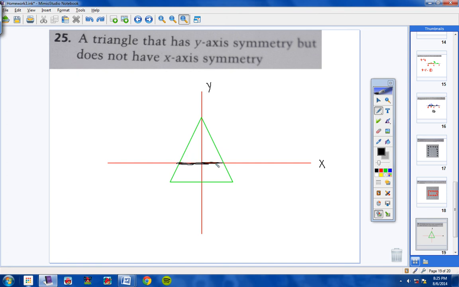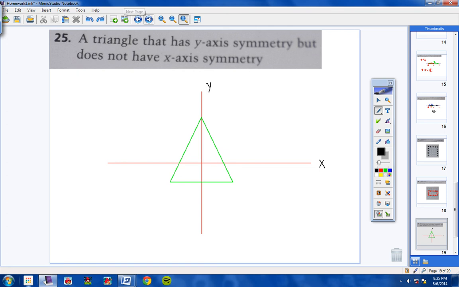Well, no. If you were to fold this triangle right on this black line, there's no way this space right here of the triangle would fall right on top of this space over here. So this picture that I've drawn satisfies what they want us to do. Now, is there more than one picture you could draw? Absolutely, but this is one of them, okay?